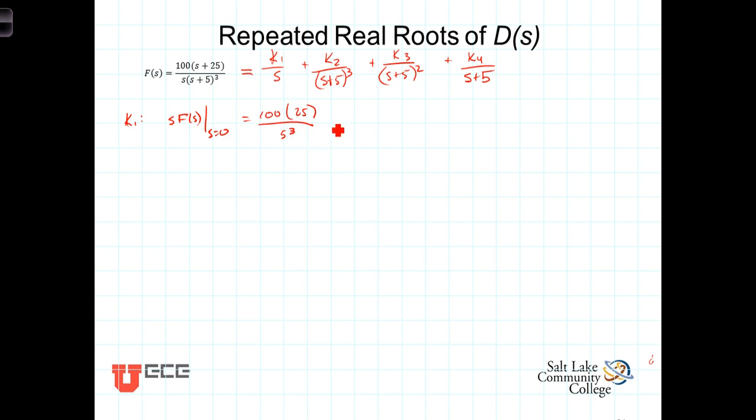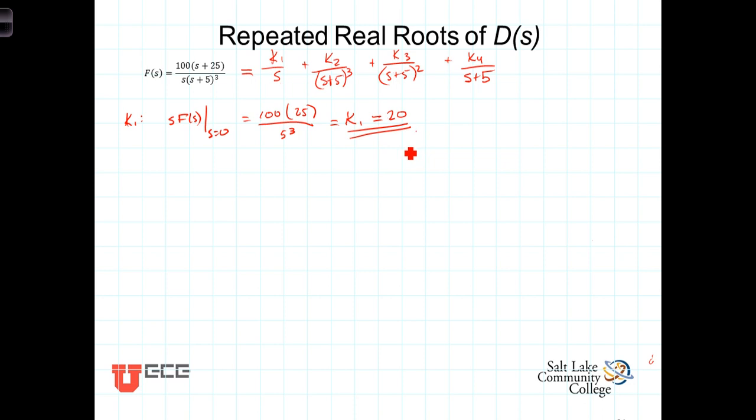And on the right side, you multiply everything by s, and you're going to have k1 by itself, and each of the other terms will have s's that, when evaluated at s equals 0, go away. And so we get that k1 equals 20.